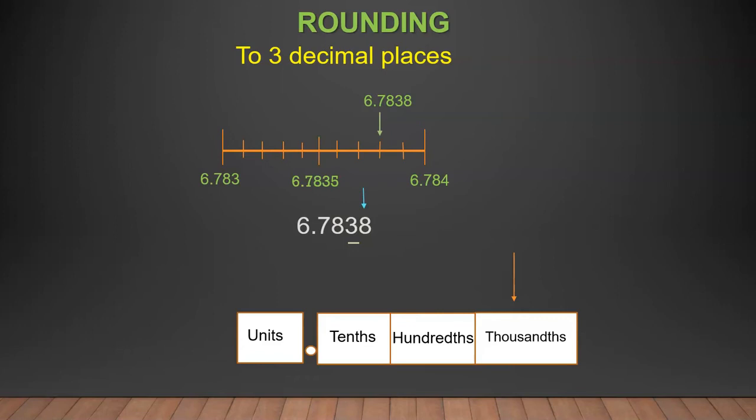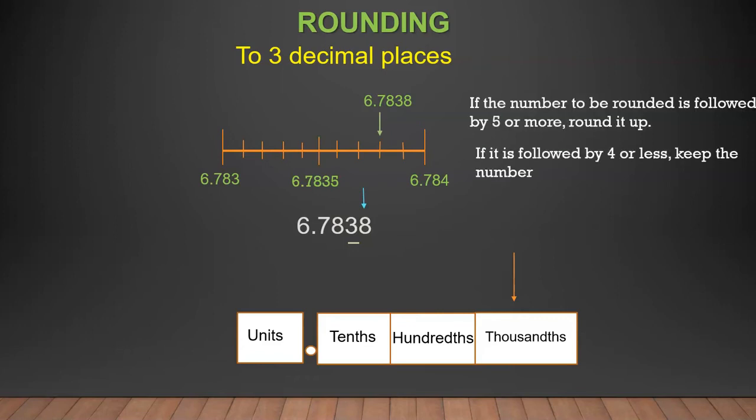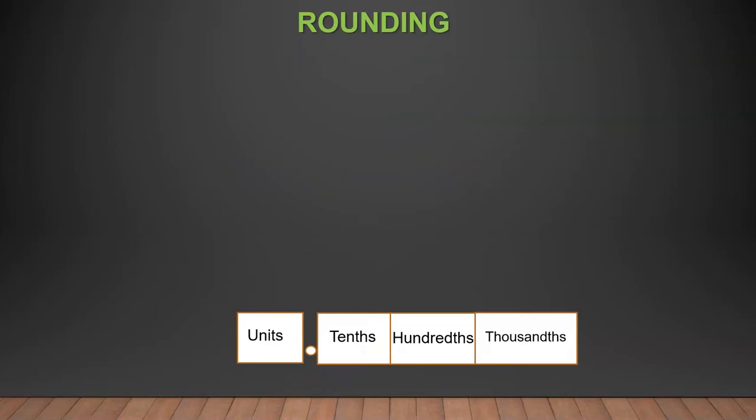So as 3 is followed by a number greater than 5, as you have 8, we're going to round it up to 6.784. 3, which is on the third decimal place, becomes 4. So your answer is 6.784.